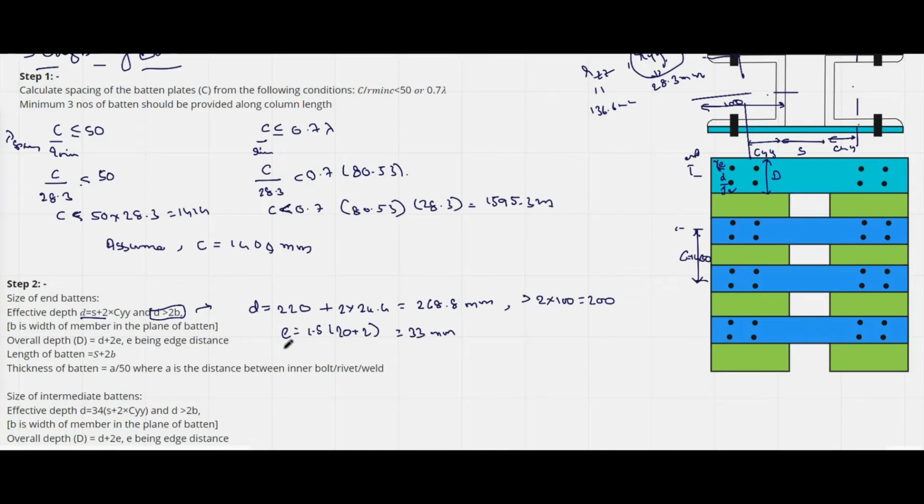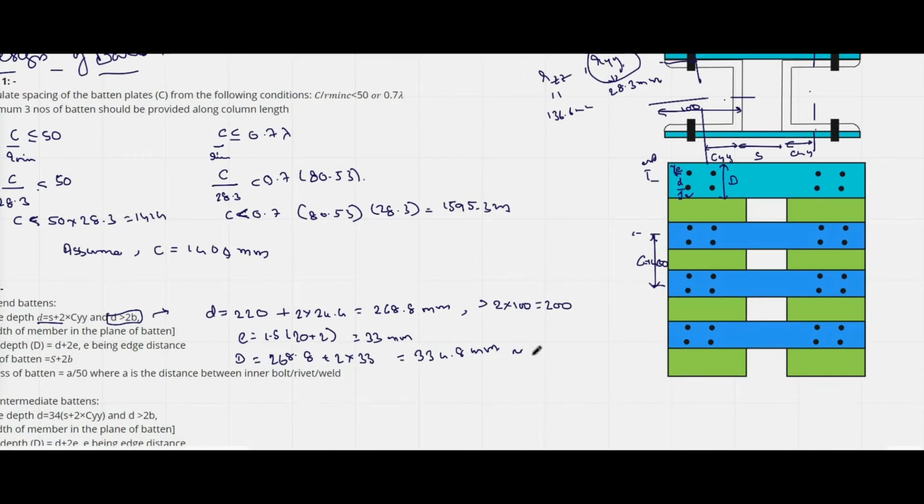Now the overall depth will be equal to 268.8 plus 2 into 33, which will be around 334.8 mm. So let us assume this value as 340 mm.